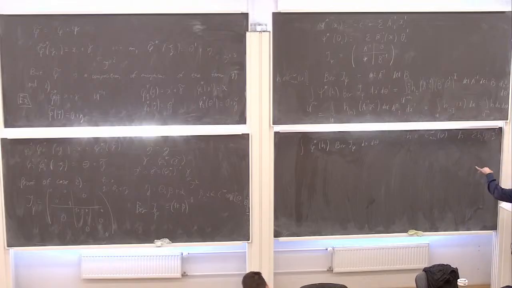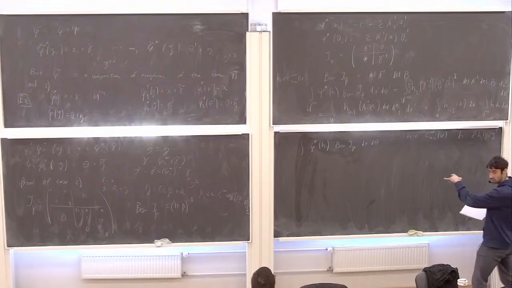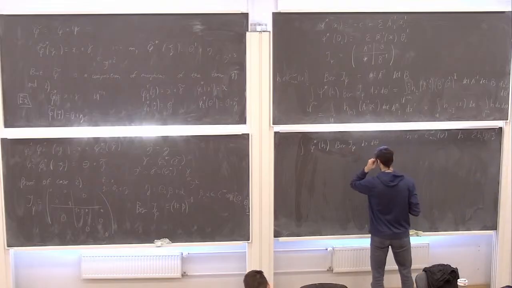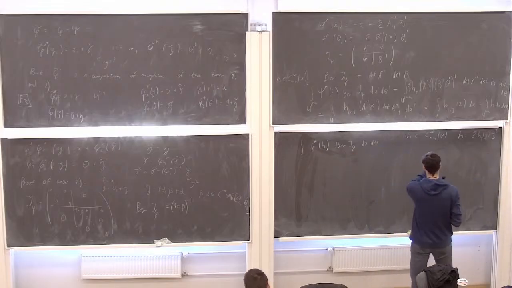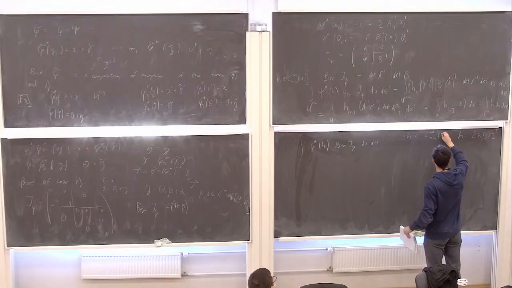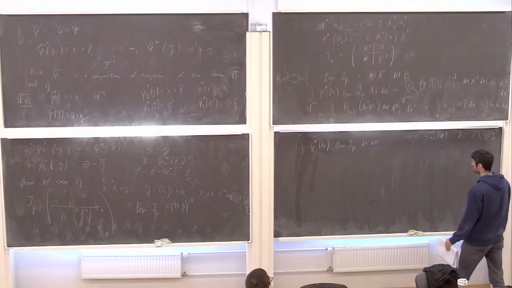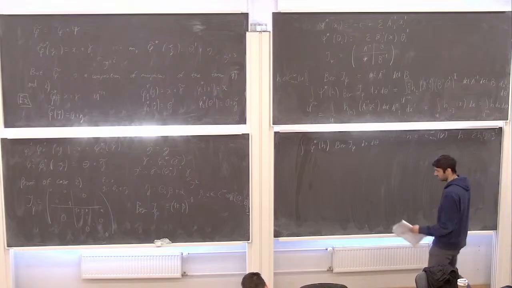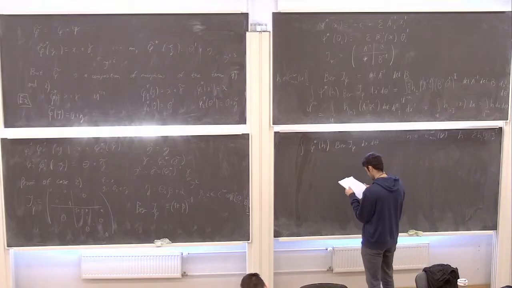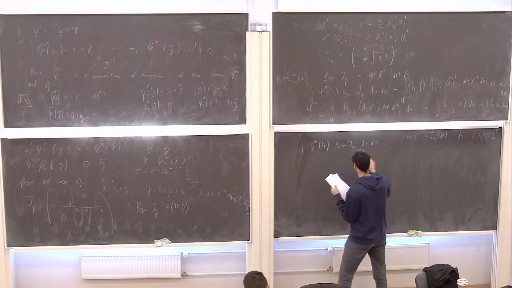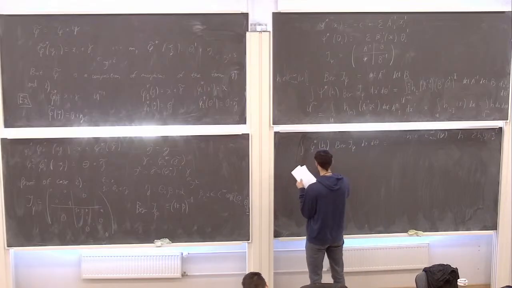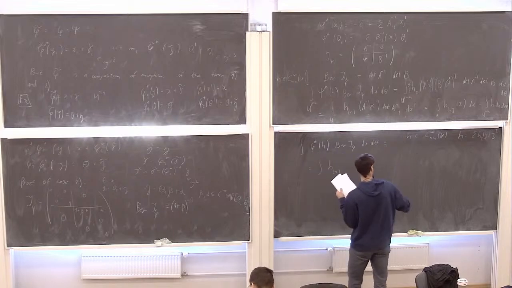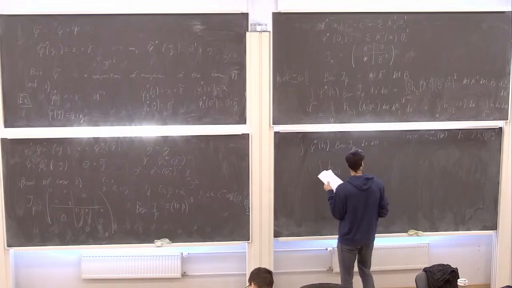When I pull it back, it will be in x and theta. And Berezinian is in x and theta, which is a function on U, rather.